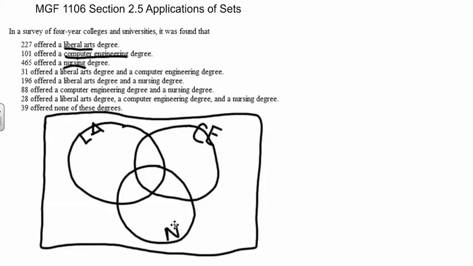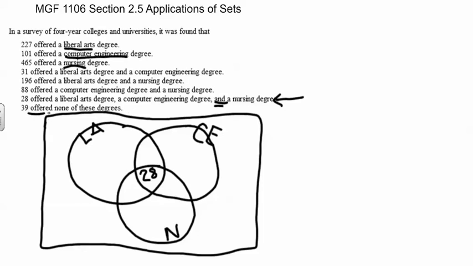Now, in this problem, it says right here that 28 colleges offered a liberal arts degree, a computer engineering degree, and a nursing degree. That is in the intersection of all 3 sets, which is in region 5, so we know of all the colleges that were surveyed, 28 of them would be in that category where they offer all 3 types of these degrees.